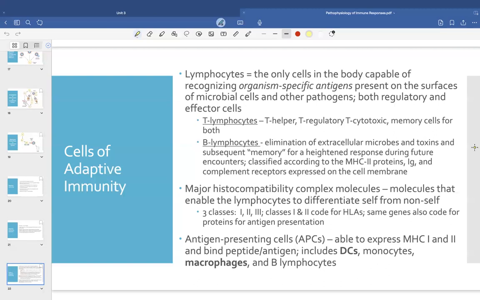This is what we really test for, HLA compatibility. Because if it's incompatible, it's not going to recognize it as self, it's going to recognize it as foreign, and it's then going to attack it and destroy it. So you have to have that compatibility.